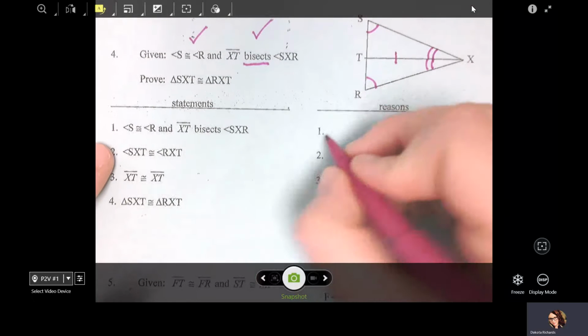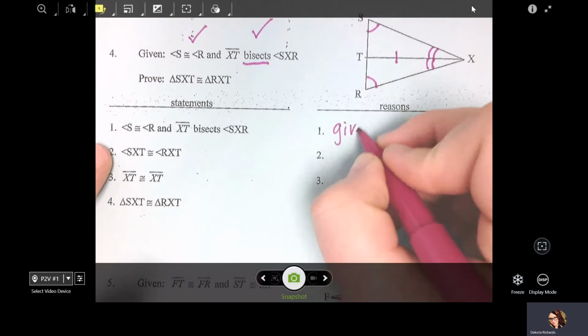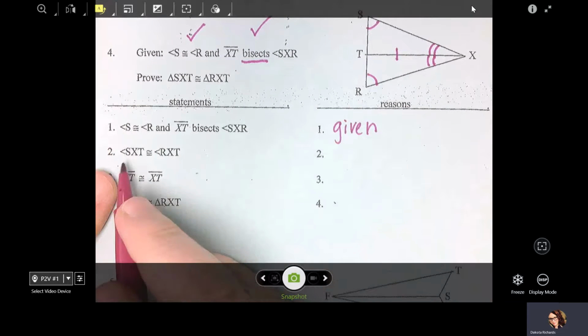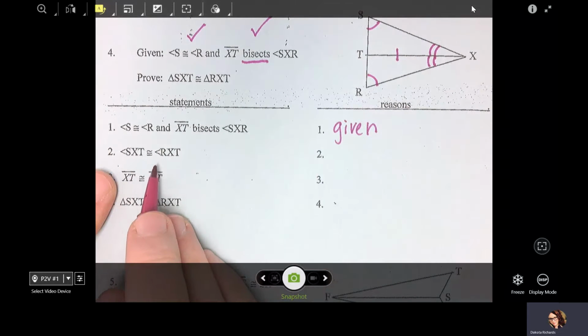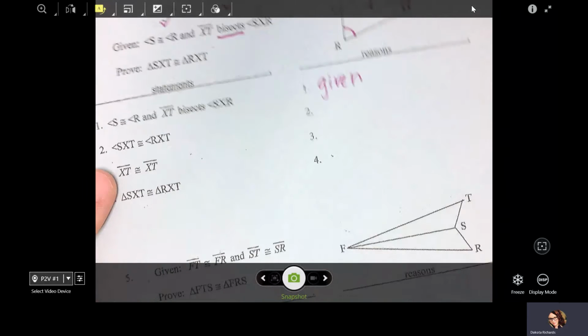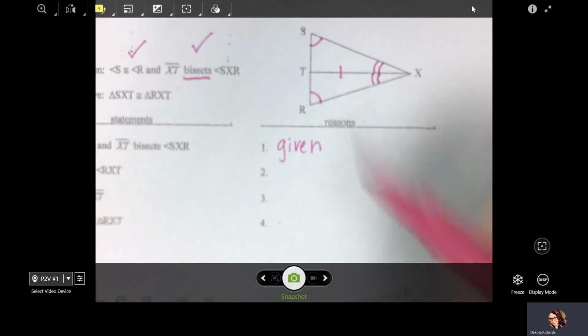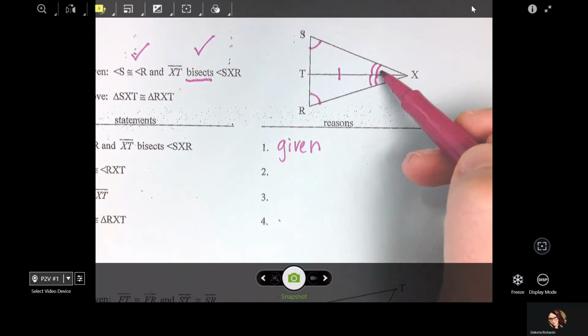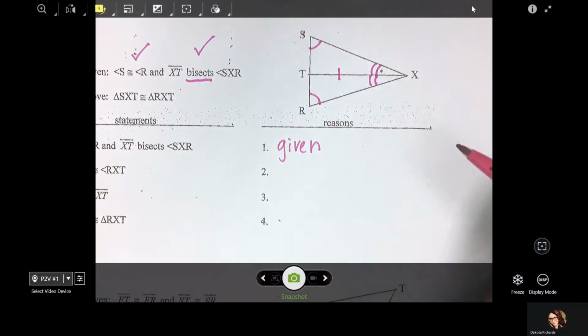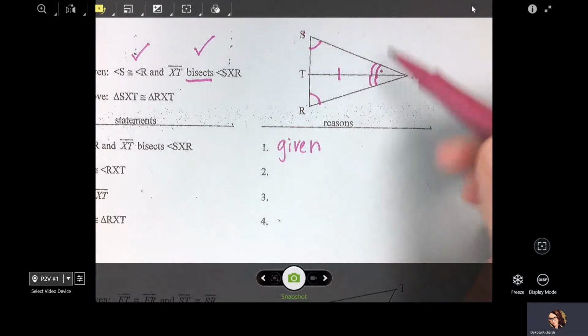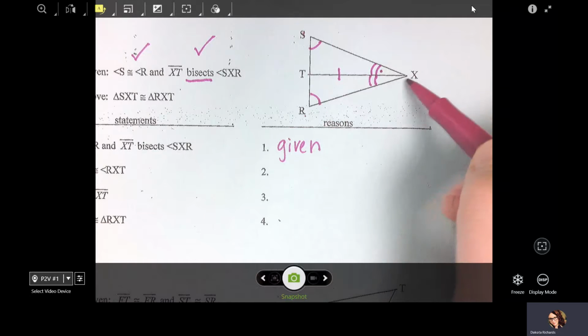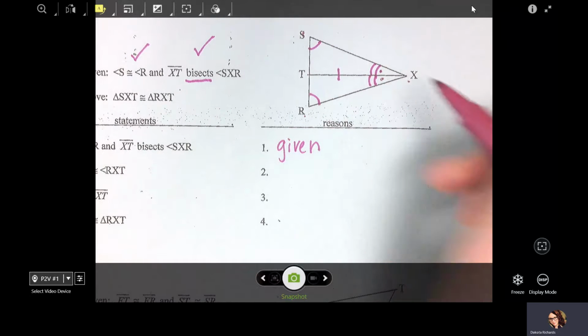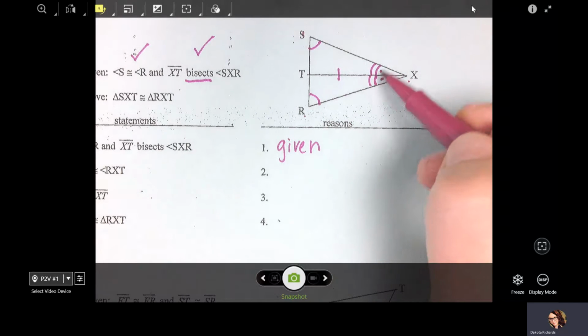So the reason number 1 is given, always given. And then angle SXT is congruent to angle RXT. Sorry. SXT is here, this angle. And then you have angle RXT. RXT is here. What allowed me to make those two angles congruent to each other?